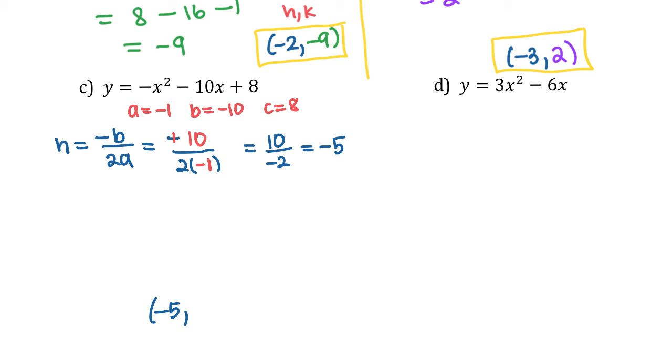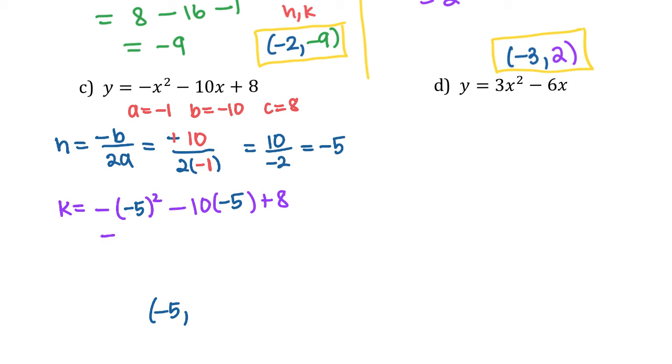To find my y-coordinate or my k value, I'm going to go ahead and plug this in to the original equation. So it's -x squared minus 10x plus 8. And I just got -5. Okay, let's look at this.